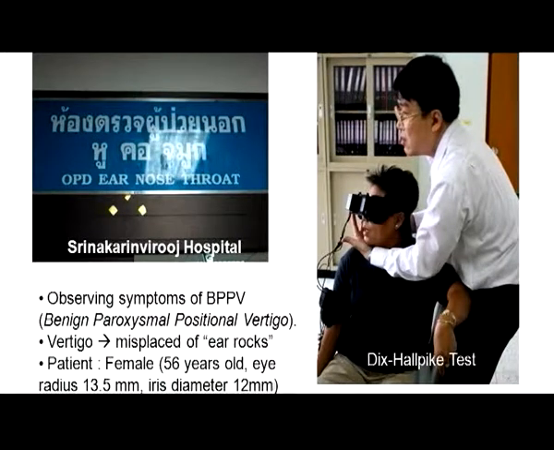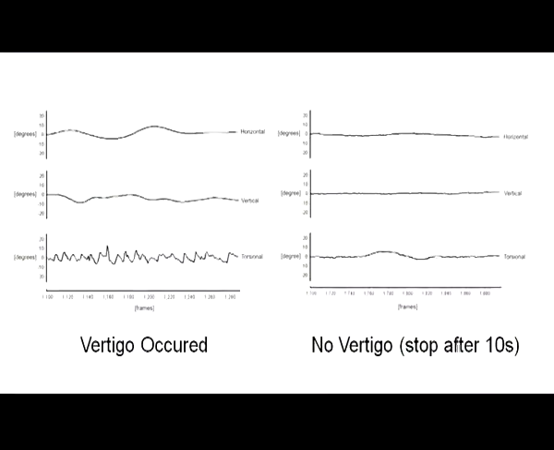We had one female patient, 56 years old, and we used the eye tracking goggle to detect the vertigo. And we found that the vertigo occurs around 10 to 15 seconds and then is gone.